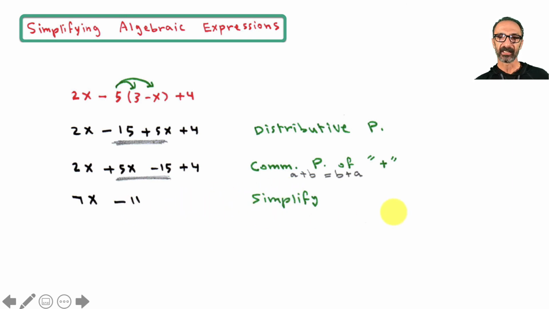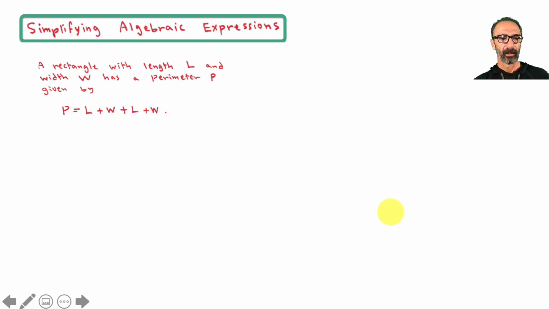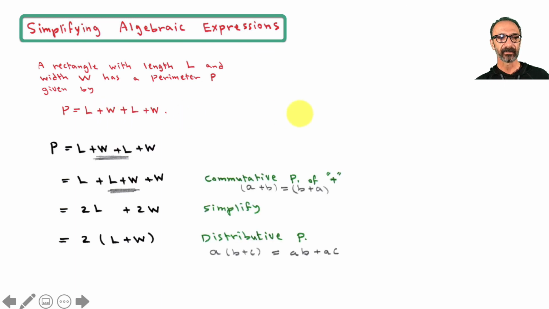One more example. A rectangle with length L and width W has a perimeter of P where it's the four sides, length and width and length and width. If you want to simplify this, you could switch these two. I'm underlining them for you, and that's called commutative.